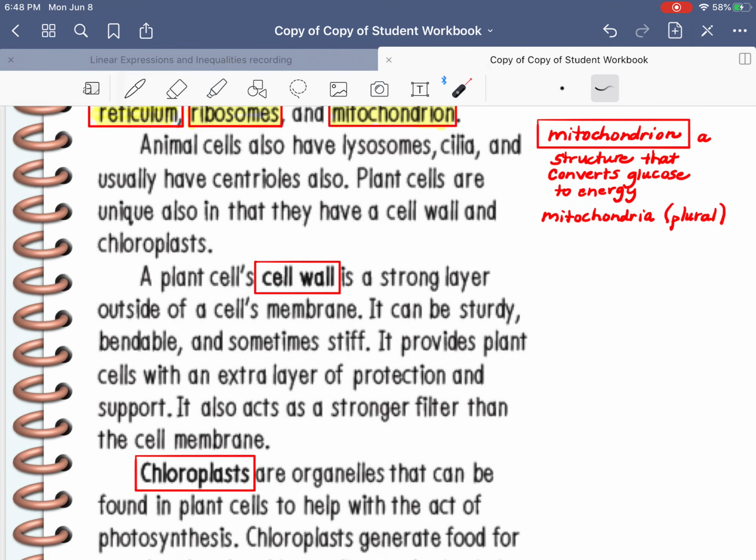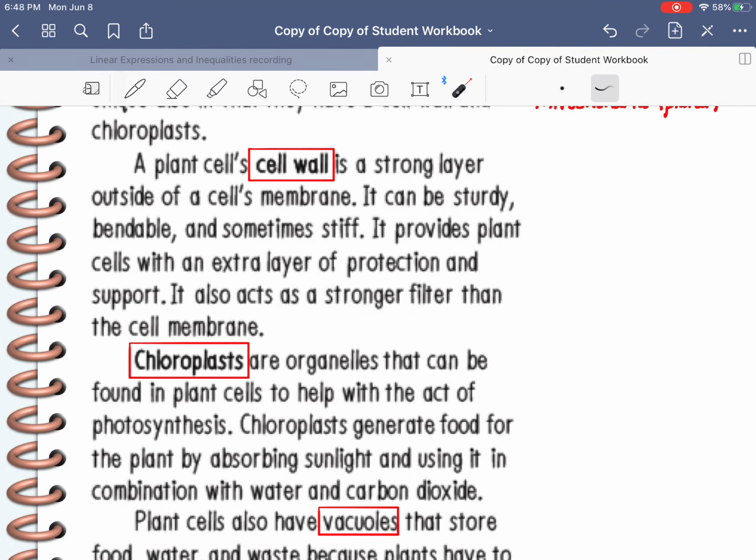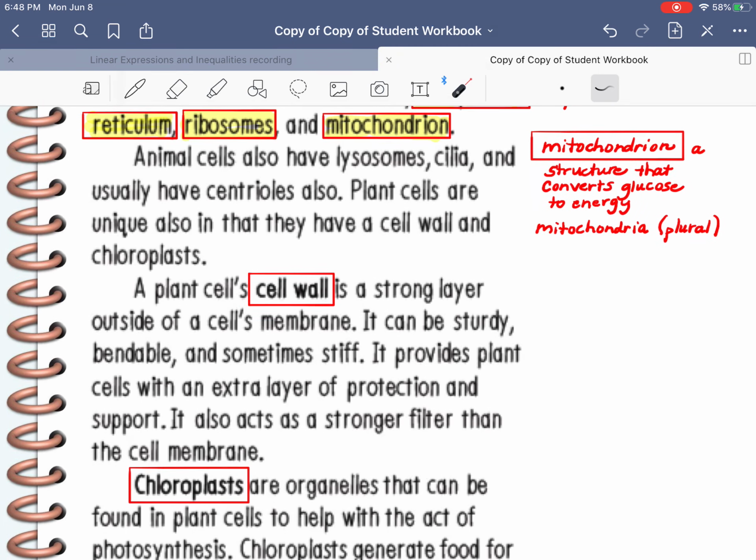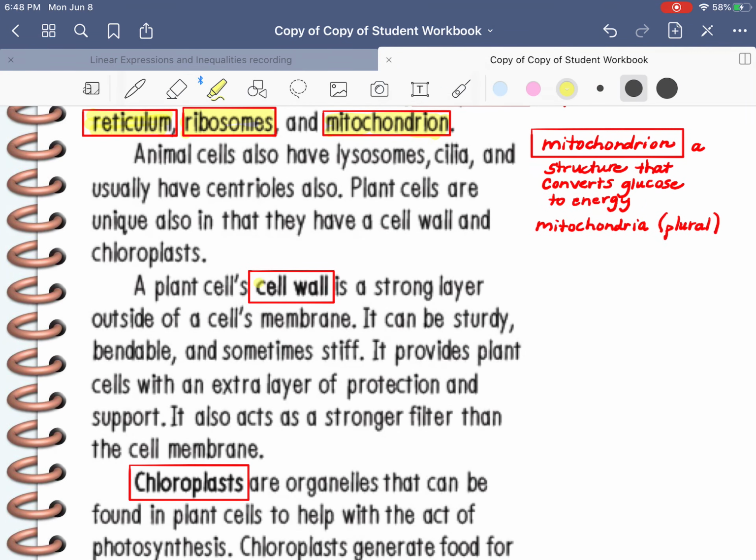Alright, back over here to our terms. Animal cells also have lysosomes, cilia, and usually have centrioles too. Plant cells are unique also in that they have a cell wall and chloroplasts. A plant's cell wall, and notice this is not present in animal cells, there's the linking verb, is a strong layer outside of a cell's membrane.